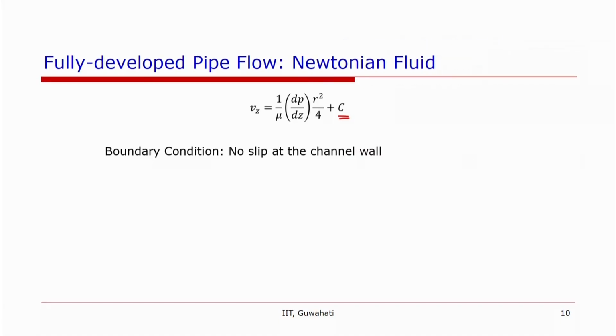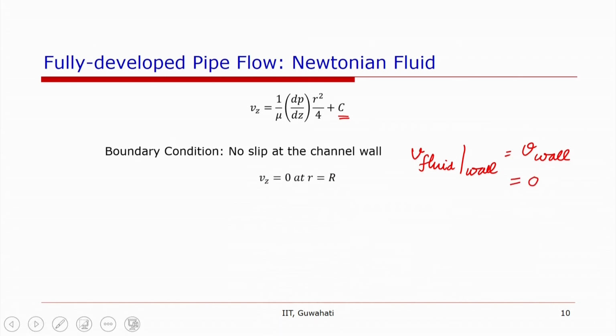So, V fluid at the wall is equal to V wall. Whatever the velocity of the solid wall is will be the velocity of the fluid in contact with the wall, and in this case, because the pipe is stationary, this is 0.